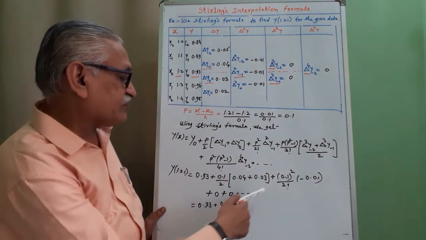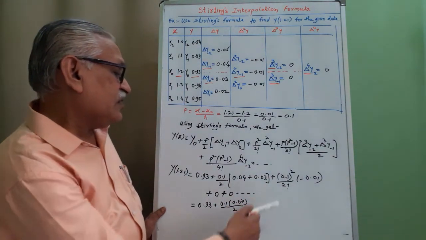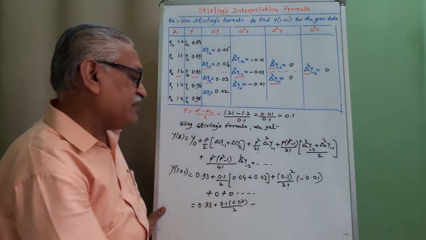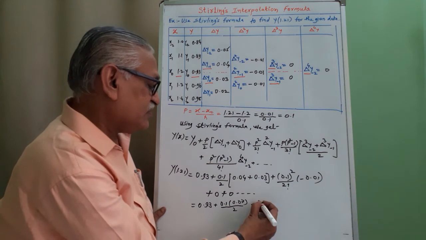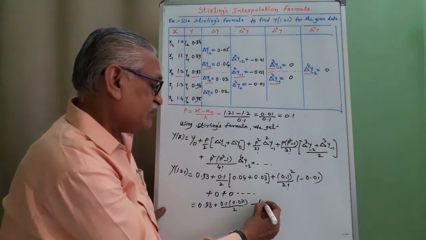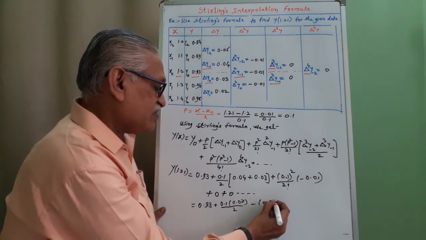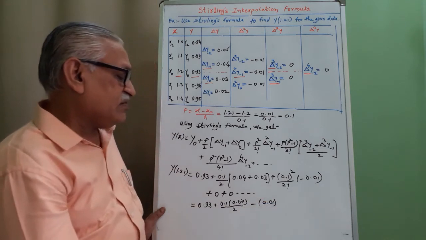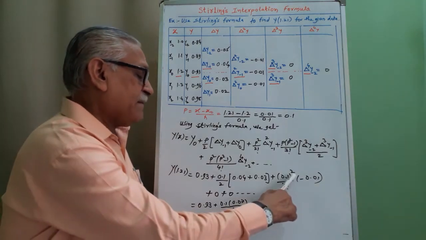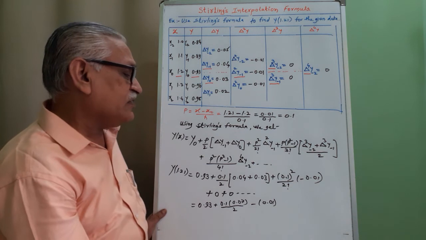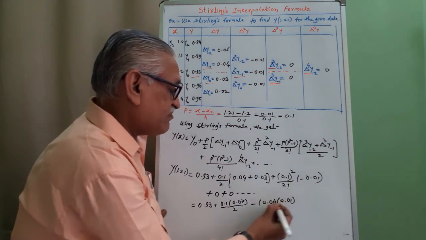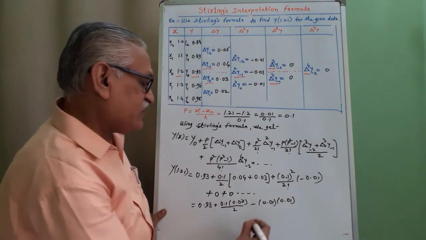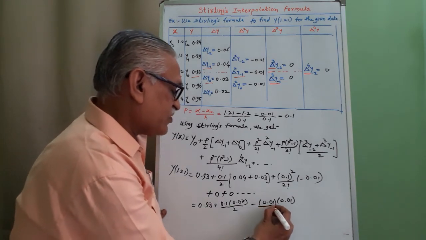Then this one is with minus sign: 0.1 square is 0.01, into again 0.01, divided by 2 factorial. 2 factorial is 2.